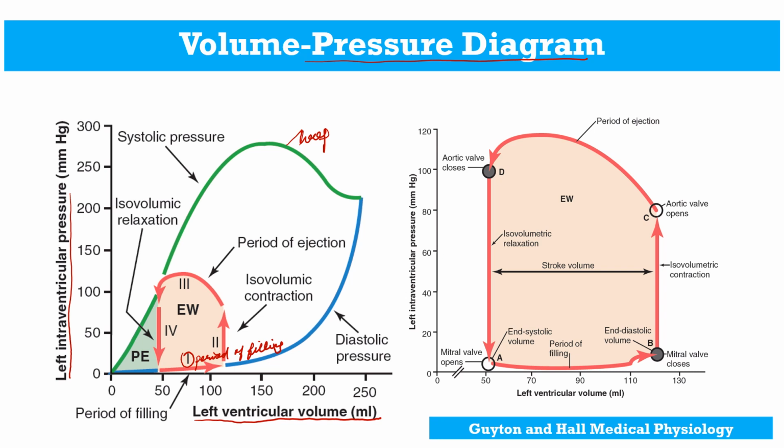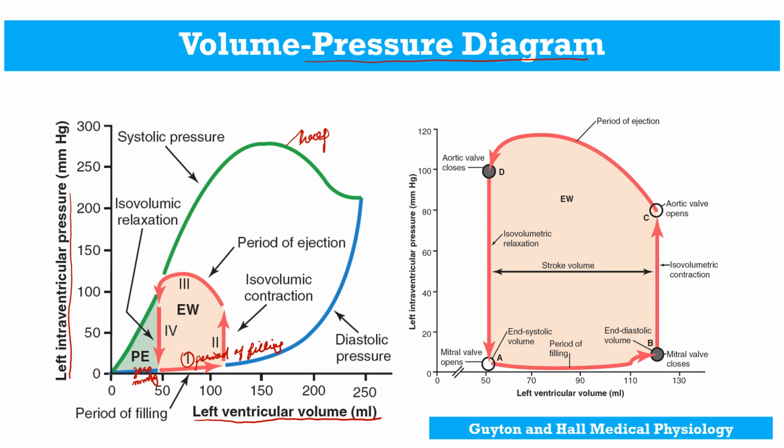During this phase, the diastolic pressure within the ventricles remains near 0 mm of mercury, and ventricular volume of about 40 to 50 milliliters is present in the ventricles.